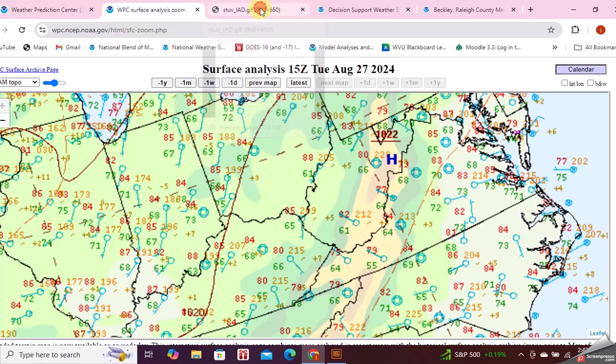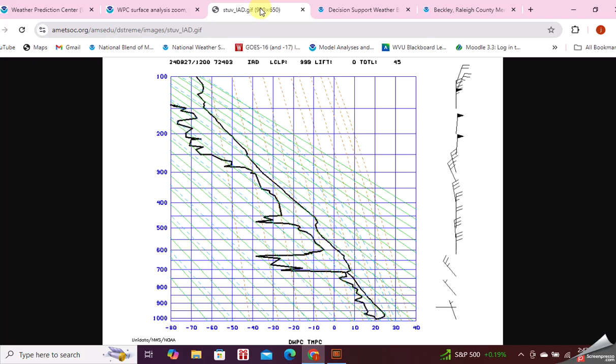Let's look in the vertical. So in the vertical, I want you to think about the atmosphere as 3-dimensional. So here we have the 3rd dimension, vertical. All we have done here is there's a balloon that is released, and this is Dulles Airport, every day, twice a day. Sometimes it's 4 times a day, depending on the weather.